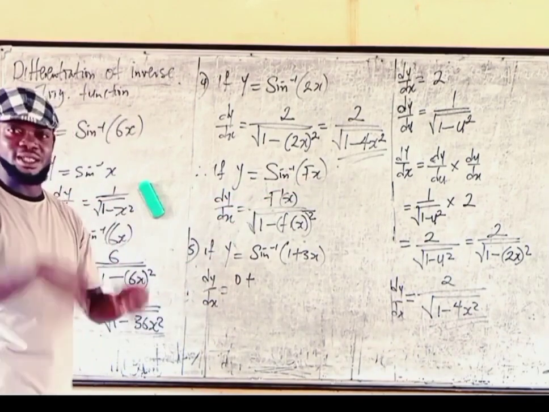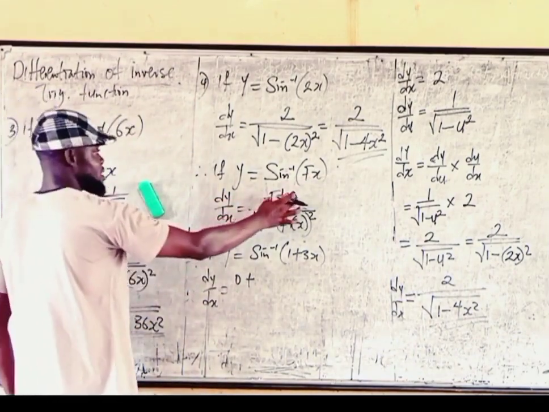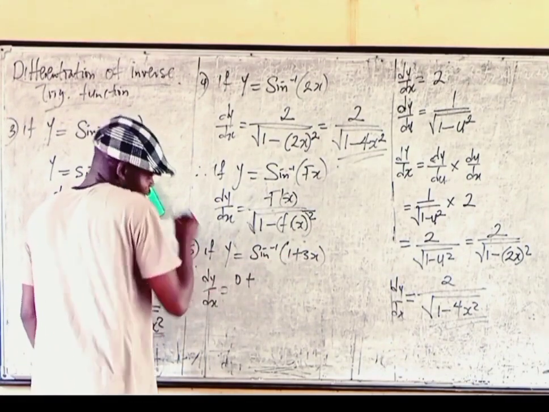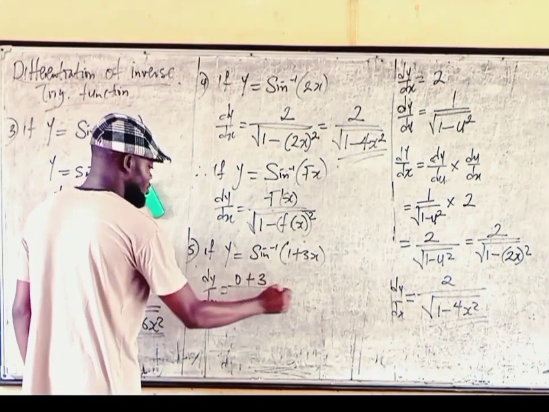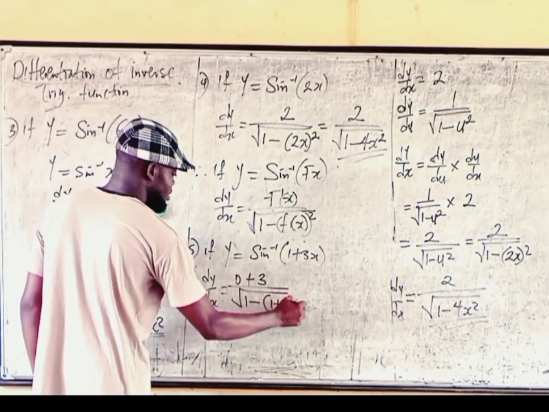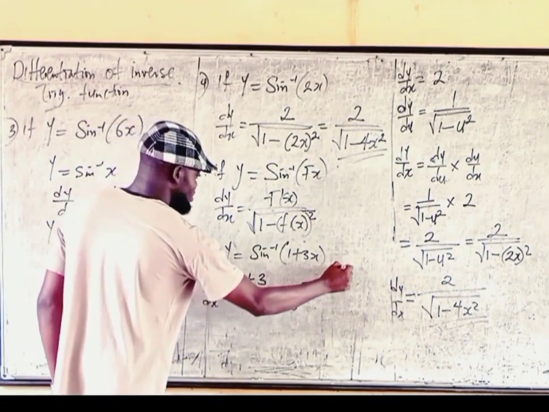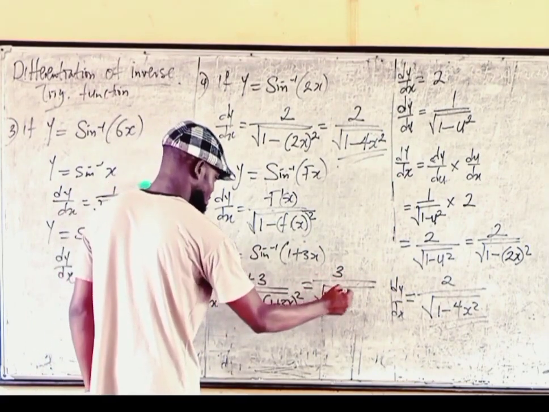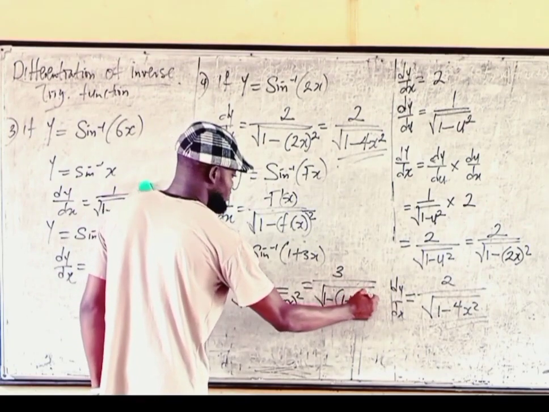Prime of this means differentiate what you have here. Differentiating 1, you have 0. Differentiating 3x, you will have 3 over the square root of 1 minus (1 plus 3x) squared.